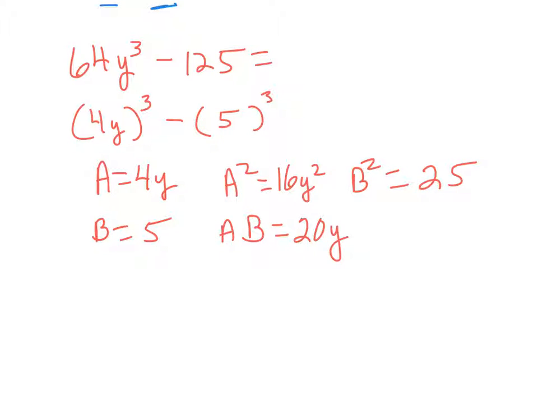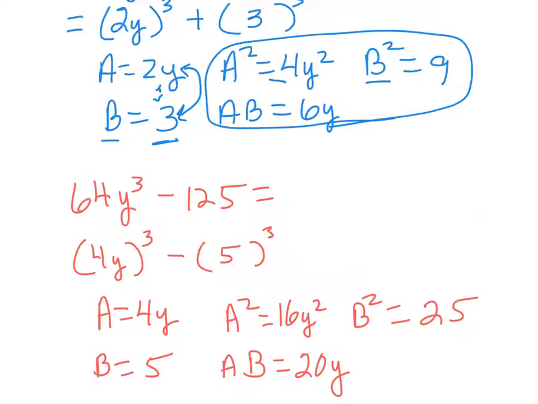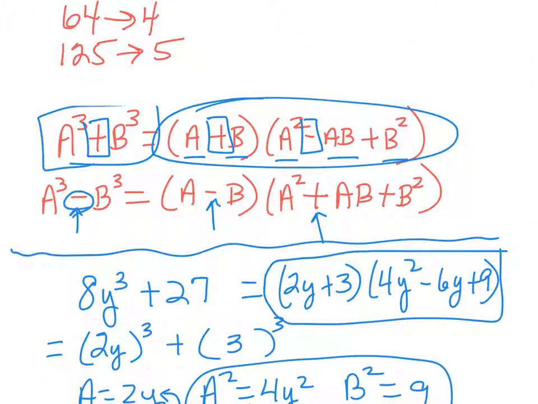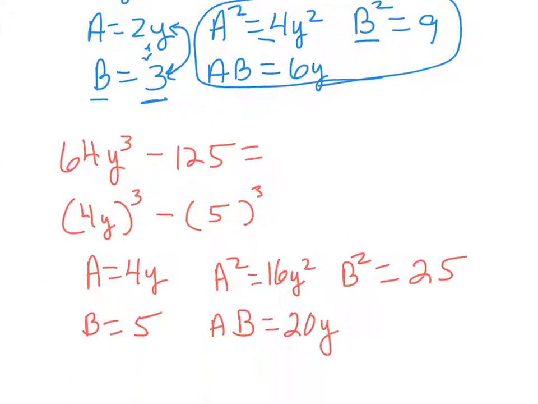b squared is 5 squared, and 5 squared is 25. Now writing this in order is going to be the thing. If you're not sure what order, go back up here and look at your formula. It'll tell you what order to put it in.